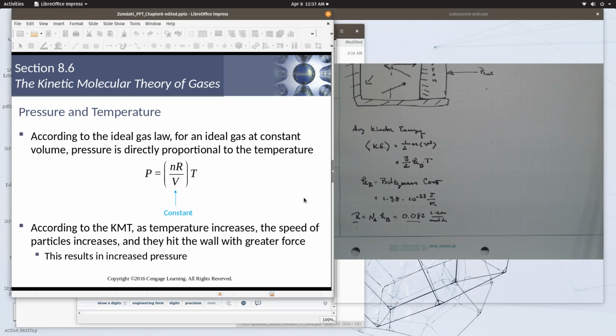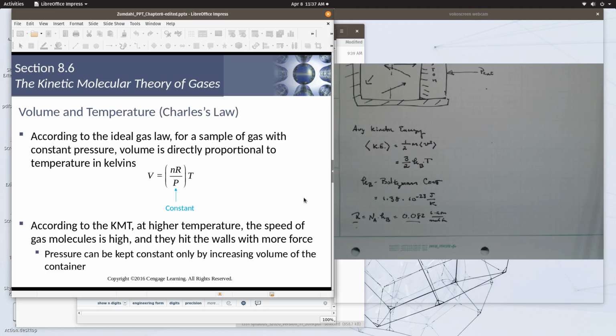The more often you hit the wall, the higher the pressure, and the harder you hit the wall, the higher the pressure. Again, makes perfect sense if you simply think about this in maybe a less abstract and less mathematical sense, but just in terms of the physics of what's going on in this system. And lastly, Charles' law.